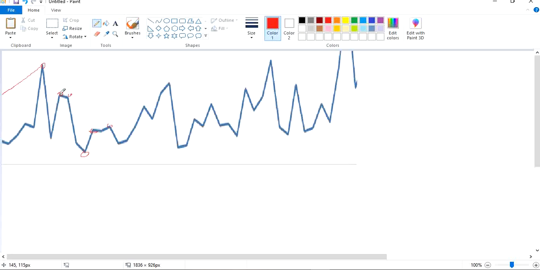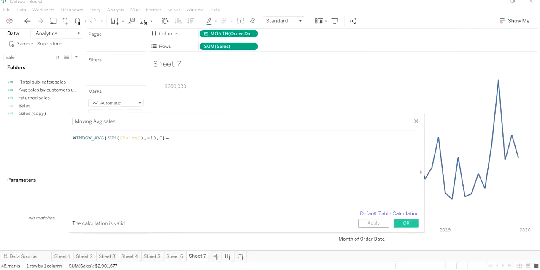For this point again, you go 10 points back, 1, 2, 3, 4, 5, and so on, take all those numbers, sum them up, divide by 10, and give me that average here. That's why for each data point you are calculating the average from the previous 10 data points.